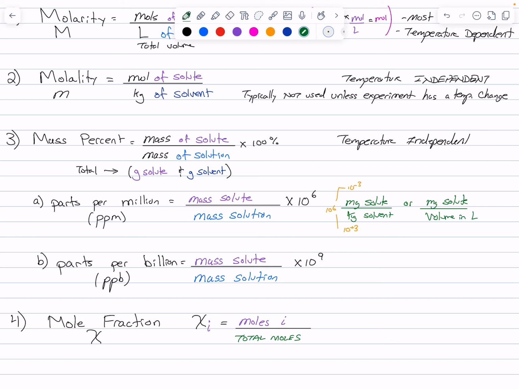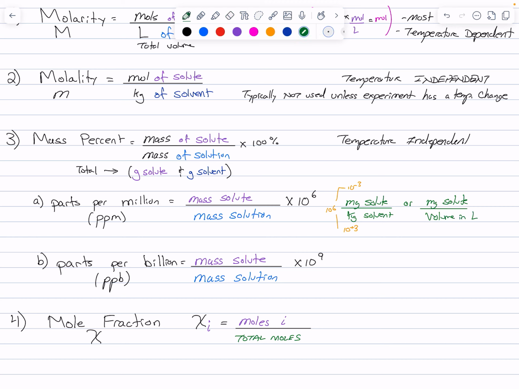And a liter of water is like a kilogram of water if we use the density of 1. Parts per billion is the same thing. You could use micrograms of solute per kilogram of solvent. It's a small amount.